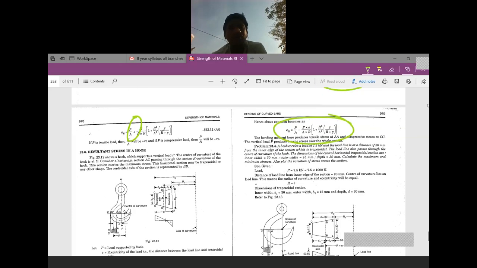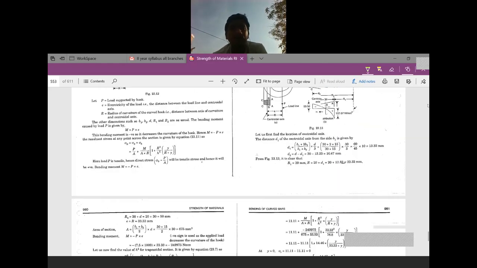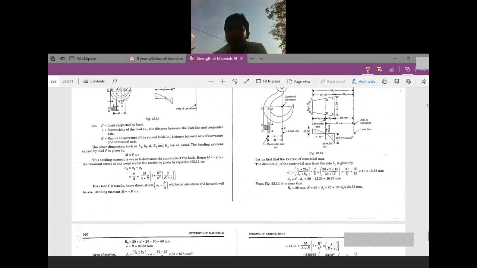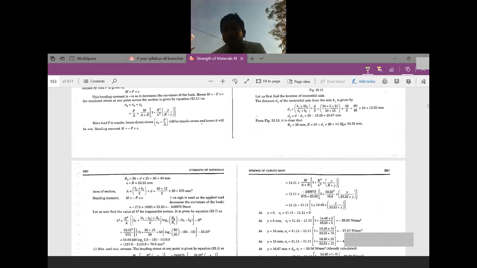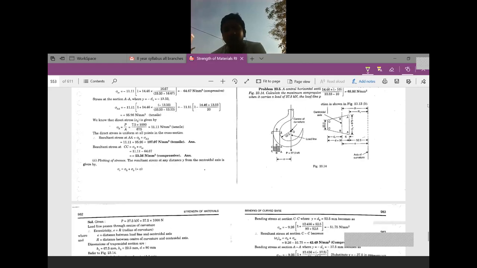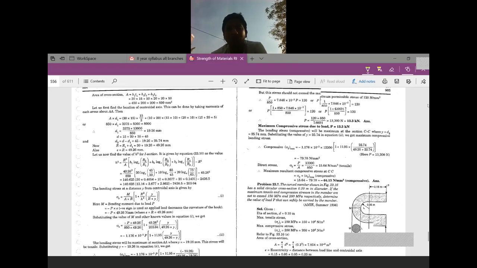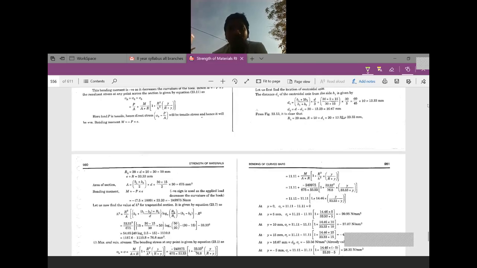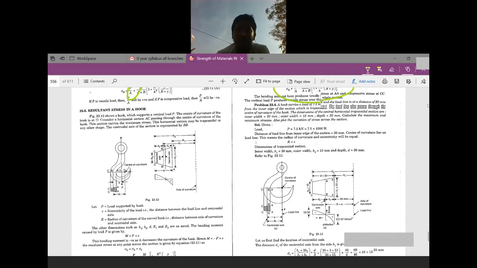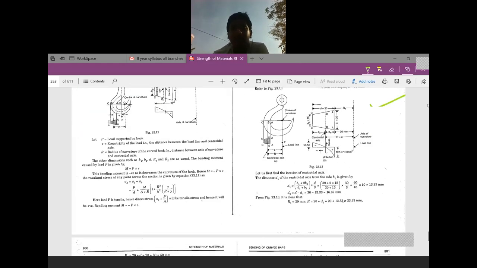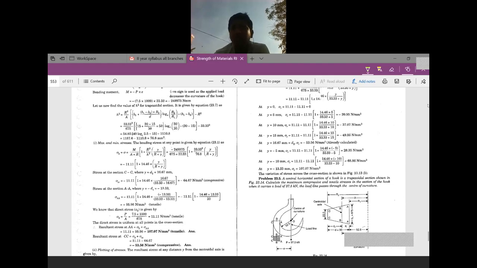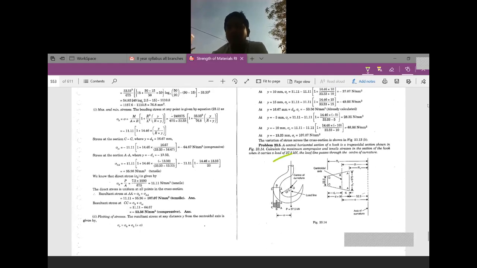Now we are going to solve some problems on resultant stresses in a crane hook. When a trapezoidal section is given, we'll explain these problems in tomorrow's class. There are three problems. One is the resultant stresses in a crane hook with a trapezoidal section.